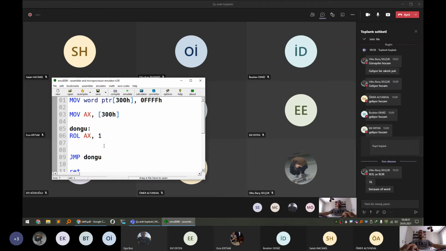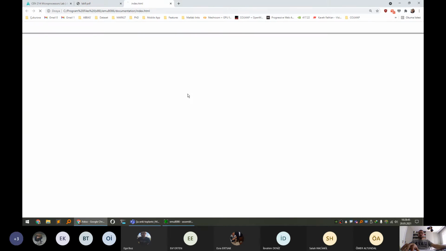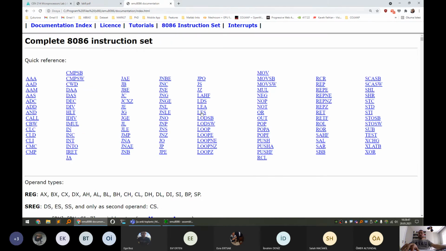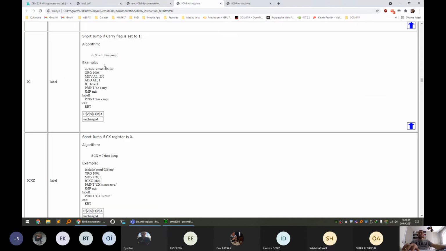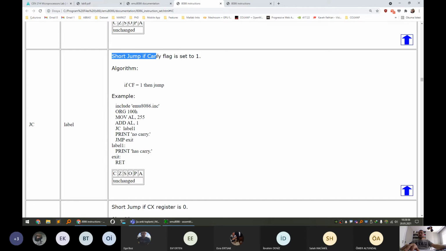How can I count the carry flag? I can look at the carry flag if it is 1 or not. I need a jump which looks to carry flag. For example, JC or J not C. JC means short jump if carry flag is set to 1.